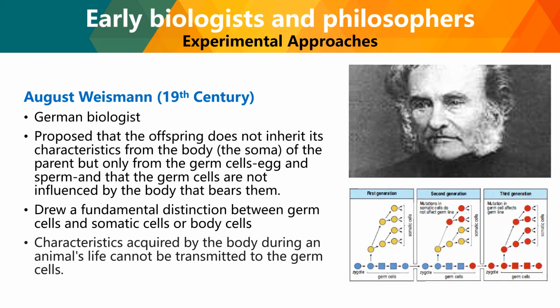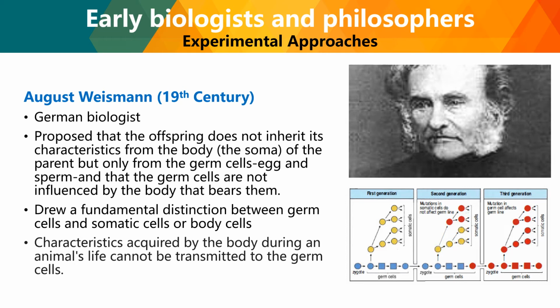So basically, he is saying that any characteristic coming from the germ cells, the egg and the sperm, is the only thing that is transferred to the offspring. Okay? So he drew a fundamental distinction between germ cells and the somatic cells or the body cells. And characteristics acquired by the body during an animal's life cannot be transmitted to the germ cells.